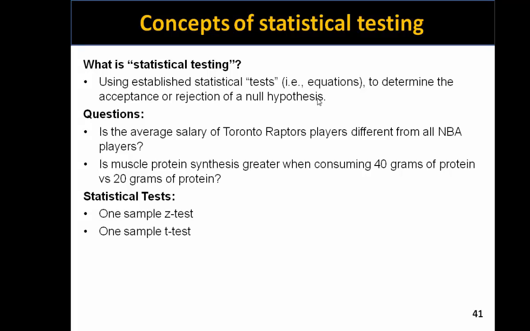The one-sample t-test is very similar to the one-sample z-test, except that the t-test is most often used when we have smaller sample sizes. The two-sample t-test, very similar to the one-sample t-test, except that the two-sample t-test, as the term suggests, examines differences between two different samples.